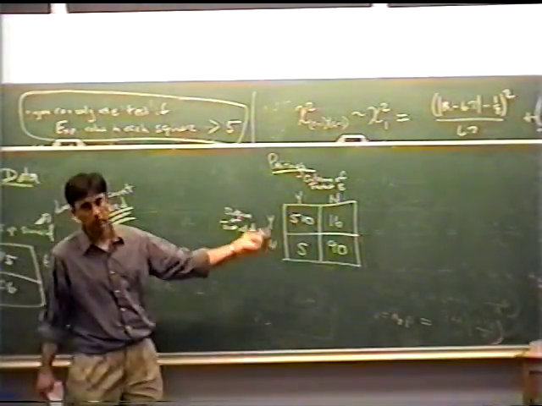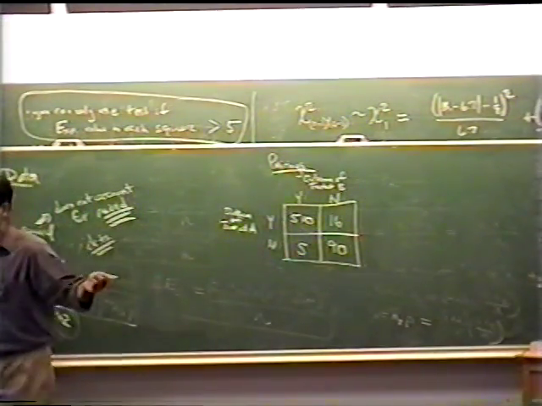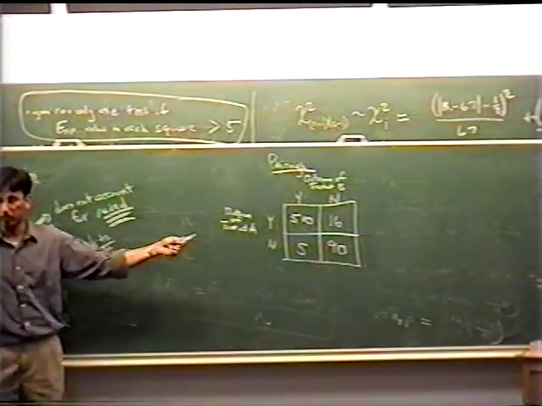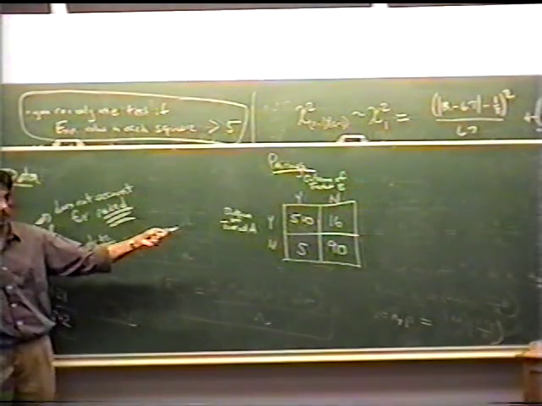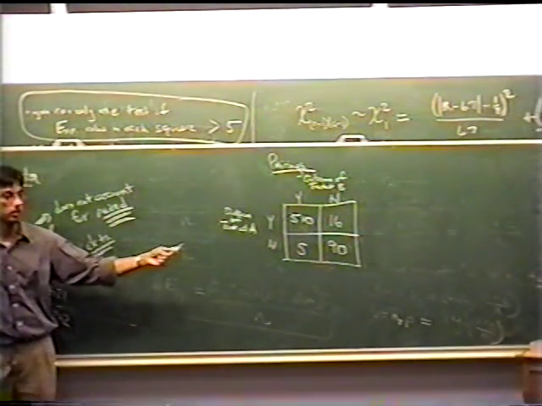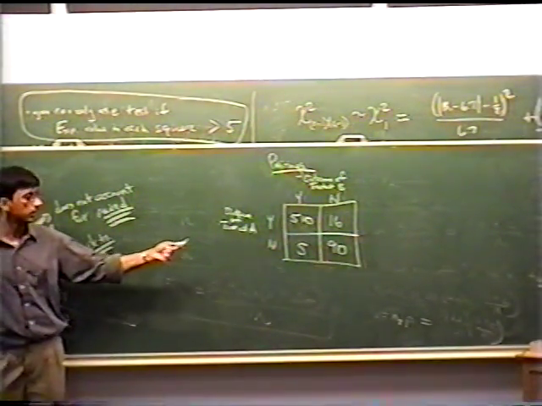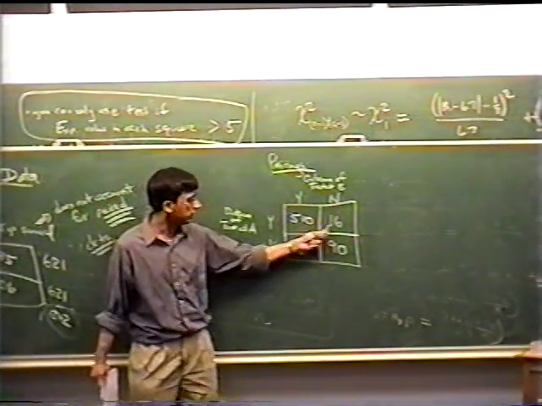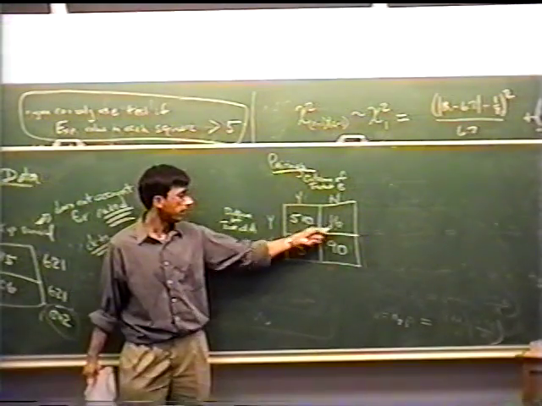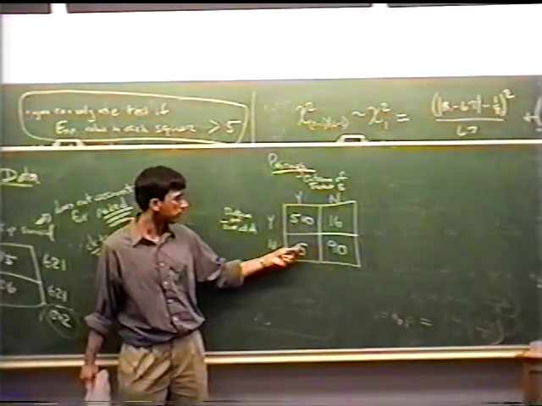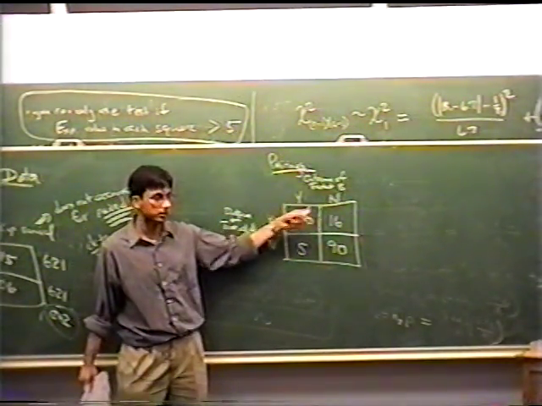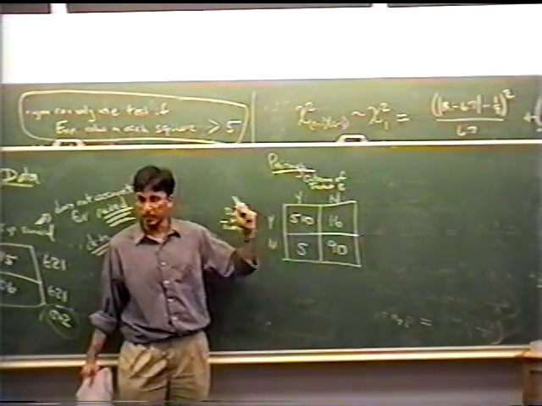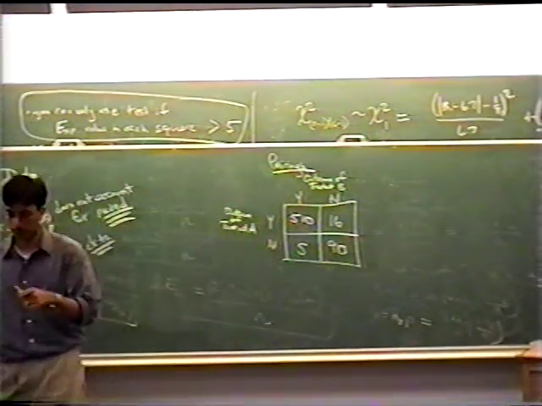If treatment A and treatment B were equal, what would we say about this data? I mean, what would we have to say about this table? Yeah, these should be equal, right? As many people who failed on this but survived on this should be the same as vice versa, if the two treatments are the same.